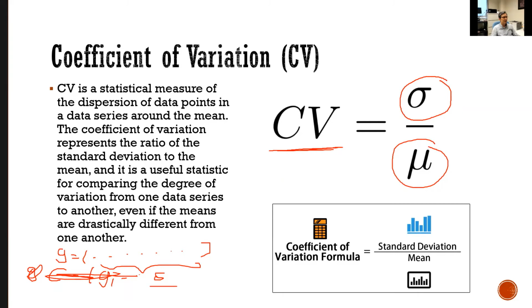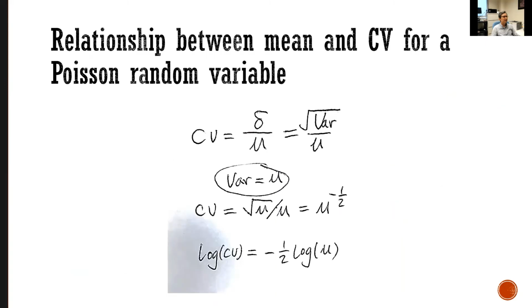Then you compute the average gene expression, and the ratio between these two gives you the CV of this gene expression across cells. Okay. So that's the definition of this CV, and the standard deviation is the square root of the variance.